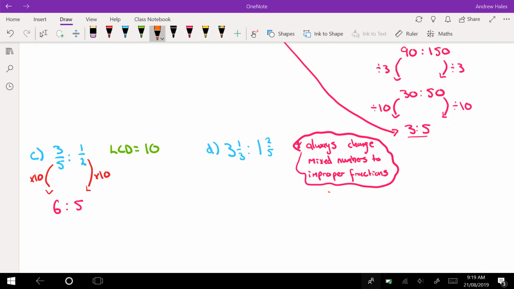How are we going to do that? So 3 1/3. Well, what you do is you multiply the denominator by the whole number. So you multiply them together, and then you add 1 at the top. So you multiply 3 and 3, and that's going to give you 9. 9 plus 1, well, that equals 10. So your numerator of your improper fraction is going to be 10.